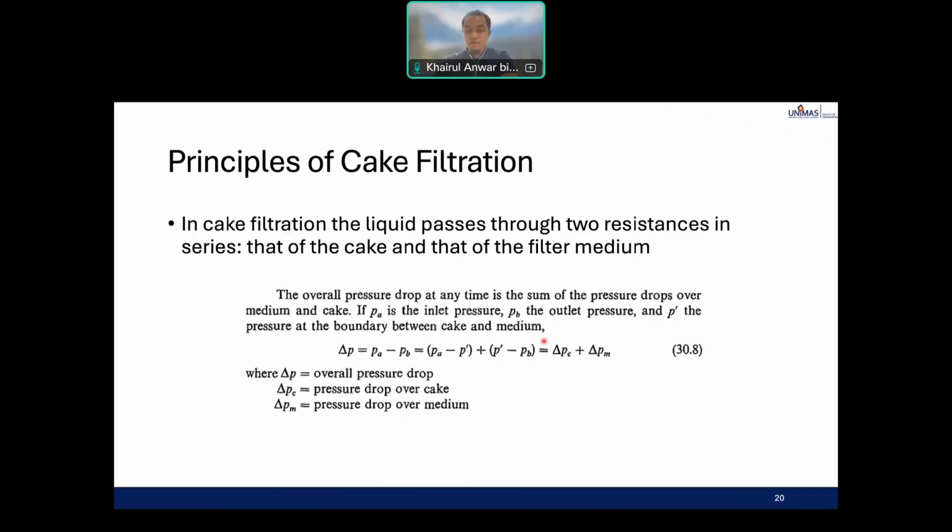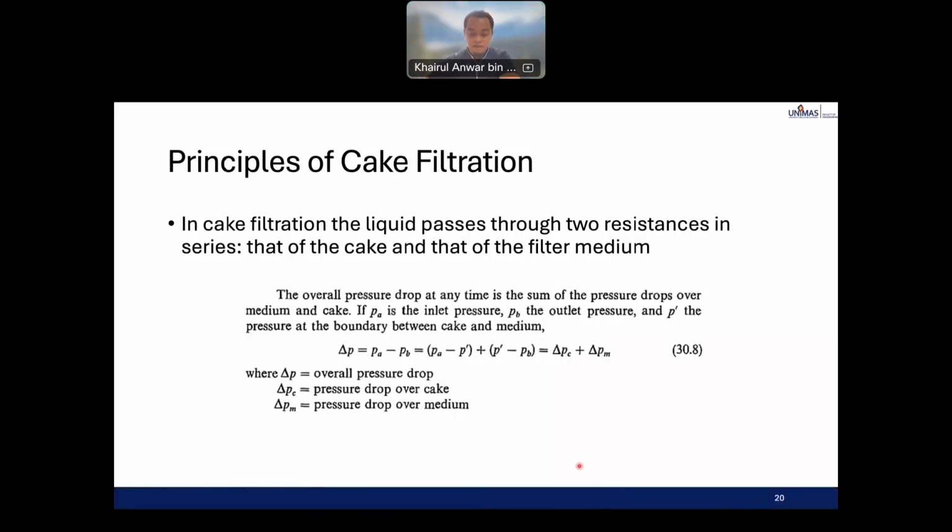That one you can refer to figure 30.14, to understand equation 30.8.